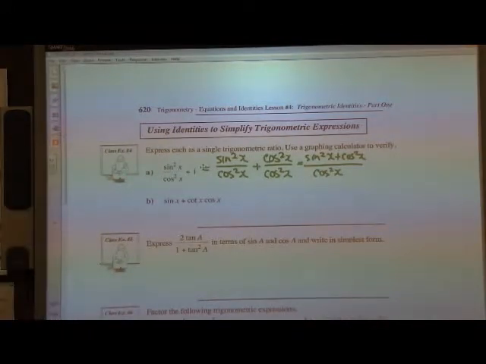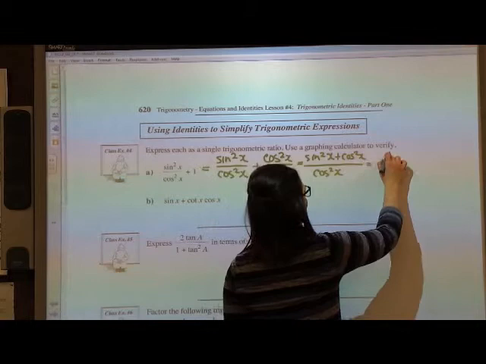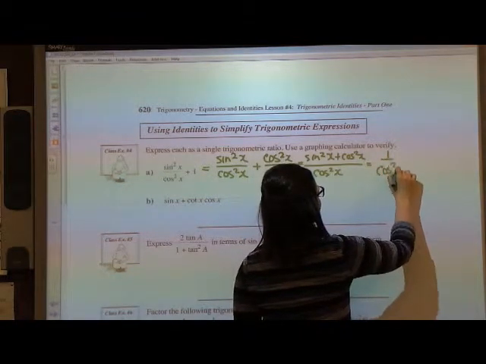If you look at your formula sheet with these trig identities, or on the previous pages, do we have a statement about sine squared x plus cos squared x? It's equal to 1. So now I have 1 over cos squared x.